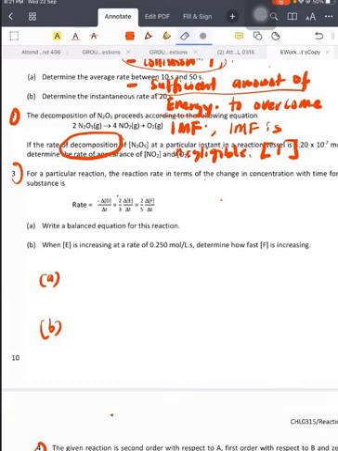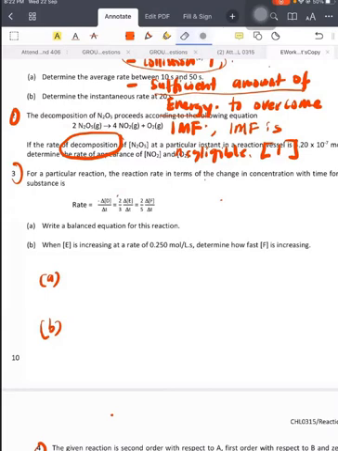If our equation is aA plus bB, for example, then our rate expression will be negative 1 over a mole multiplied by the change of concentration per unit time. That is our rate expression. So if you refer to this kind of rate expression, how many reactants do we have? One?